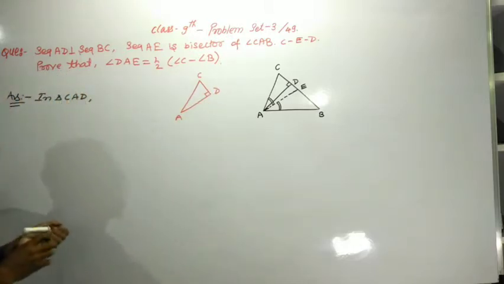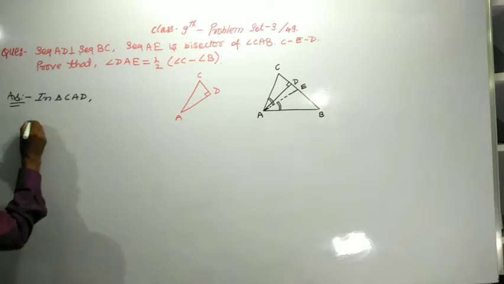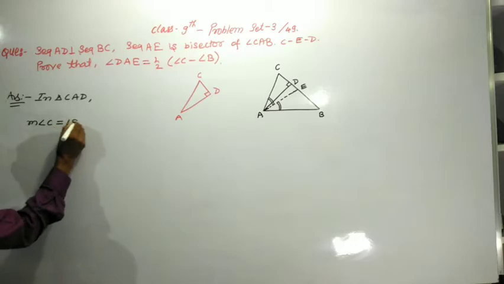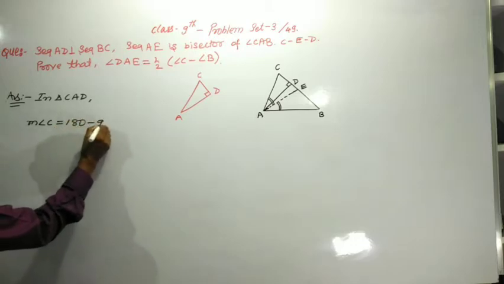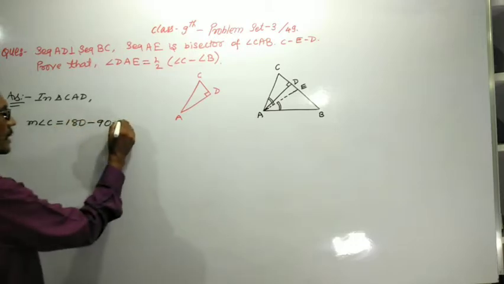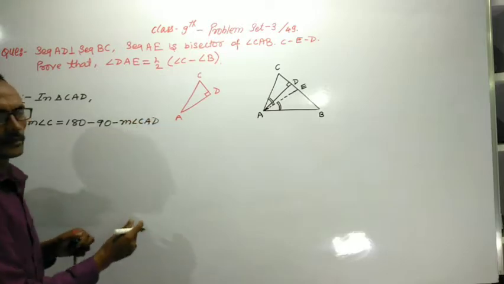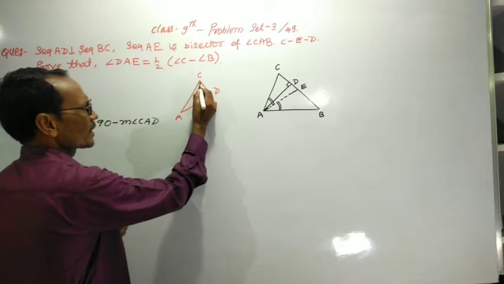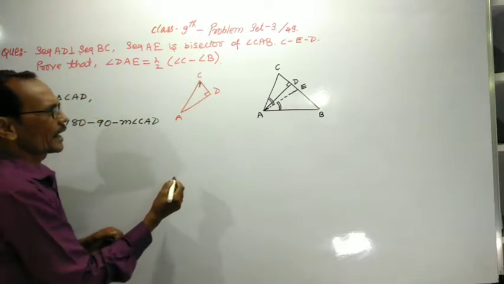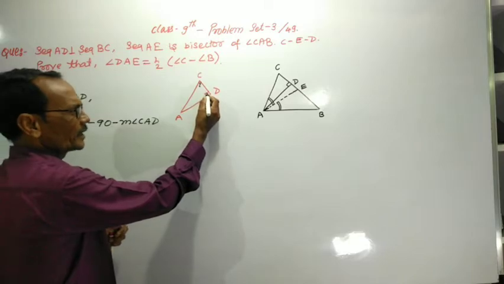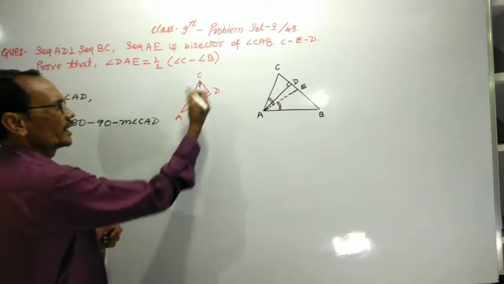I can write measure of angle C equal to 180 minus 90 minus measure of angle CAD. We want to find the measure of angle C, so I can subtract these two angles from 180 and get the third angle.